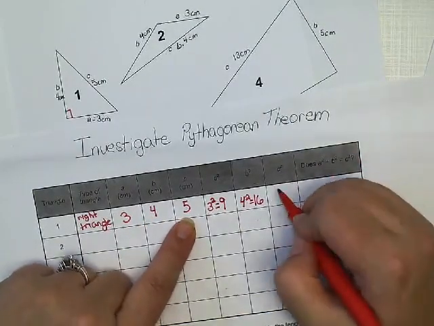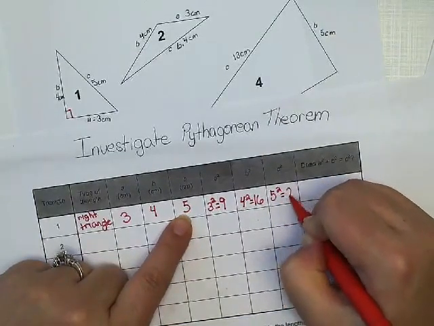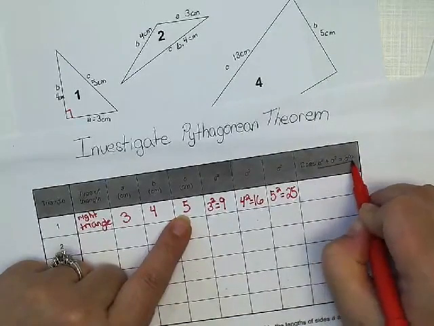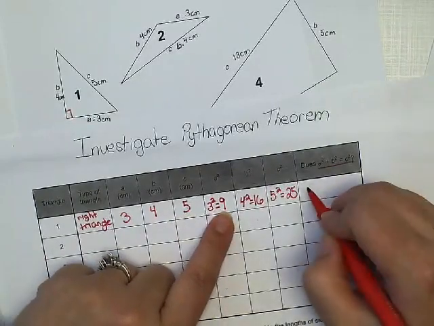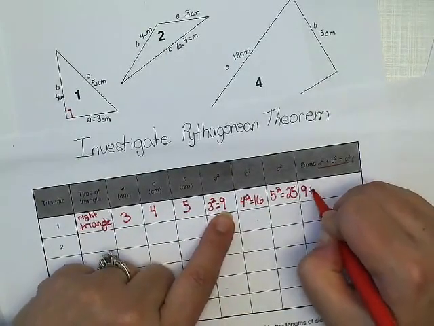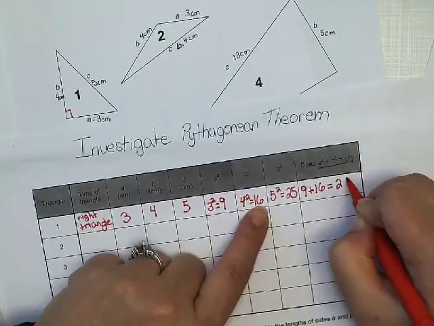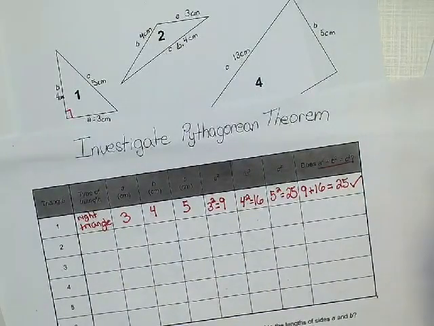And then we're going to take C, which is 5, and square it. And 5 times 5 is 25. And then it wants to know, does A squared plus B squared equal C squared? Well, let's see. A squared is 9 plus B squared is 16. Does that equal 25? Check, that is correct.